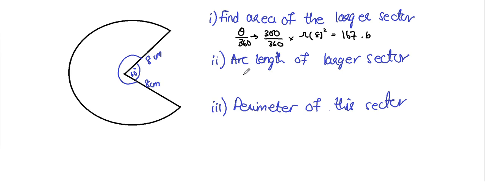Then we have arc length of the larger sector. What's the final answer? 300 upon 360 multiplied by 2 pi r, which is 8, giving us 41.9. All of you, same answer? Is your calculator in the radian mode?